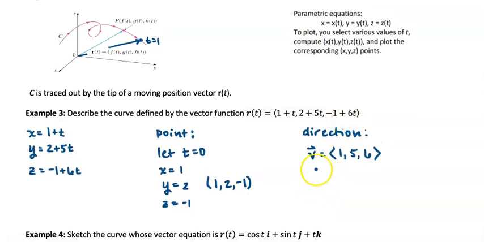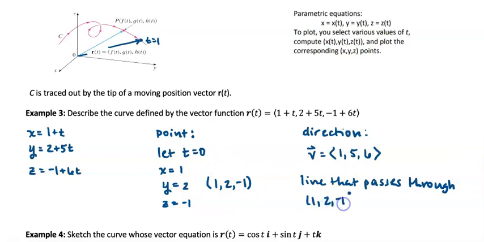Well, we can say that this curve is a line that passes through (1, 2, -1) in the direction (1, 5, 6).